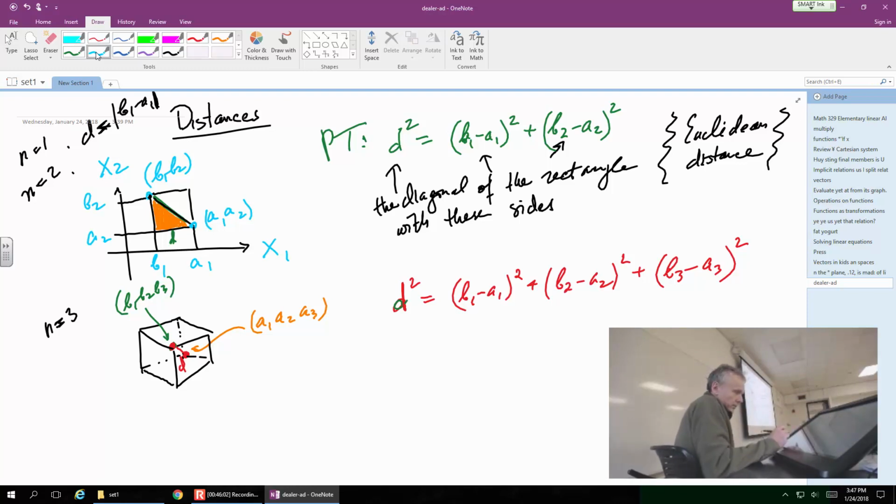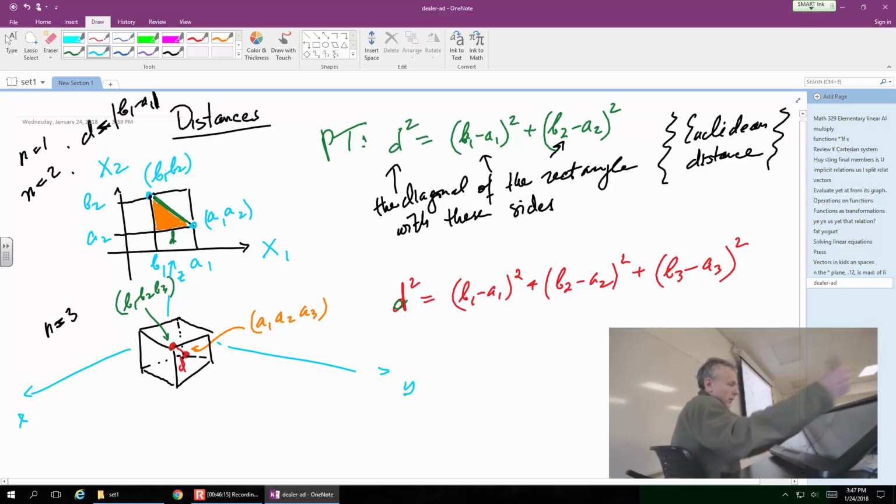Okay, with the coordinates, I didn't draw the axes, so let me try to do that. Axes maybe there, like this. X and Y. Okay, so that's not quite what I had in mind. Oops.